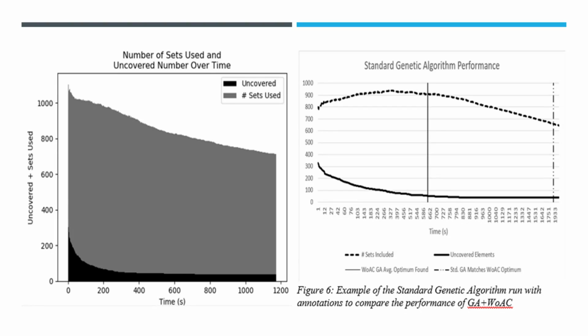And then on the right, we have the standard genetic algorithm performance compared to the performance of the genetic algorithm with wisdom of artificial crowds enhancement. Here with the dotted line, you can see the number of sets that are included actually increases for a little bit as the number of uncovered elements decreases initially, up until about time mark 397 and 456.